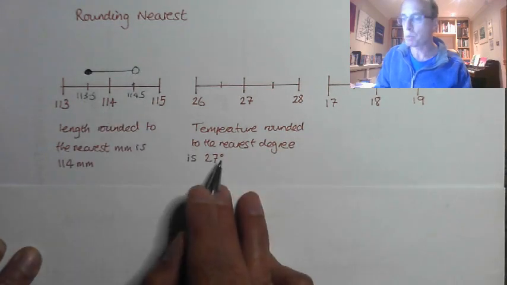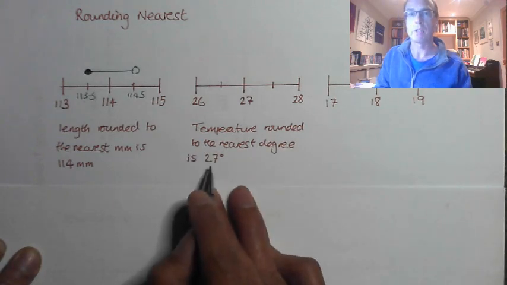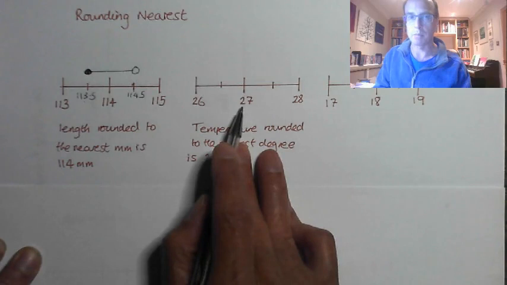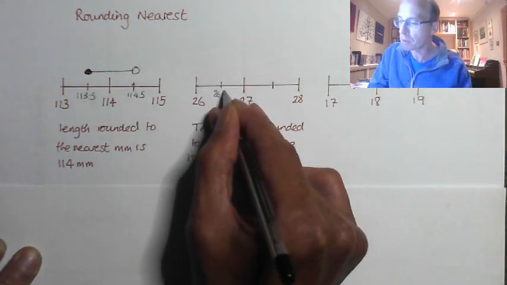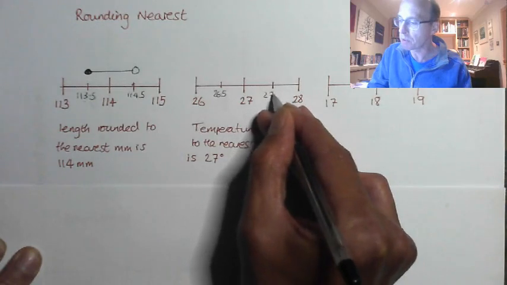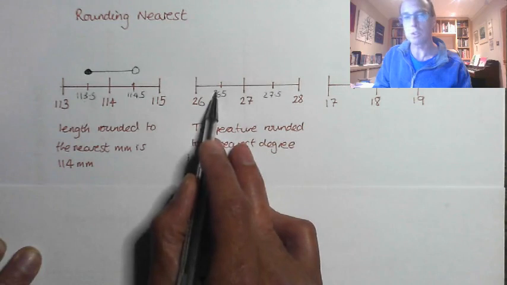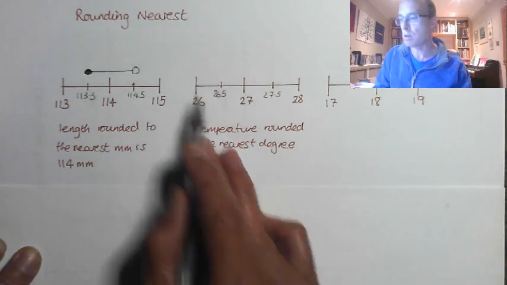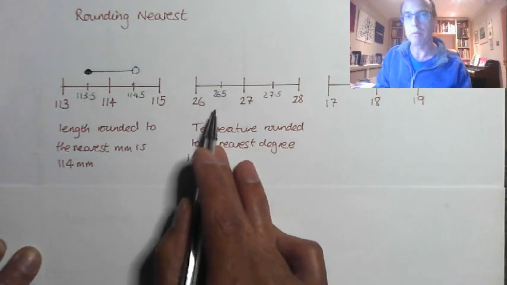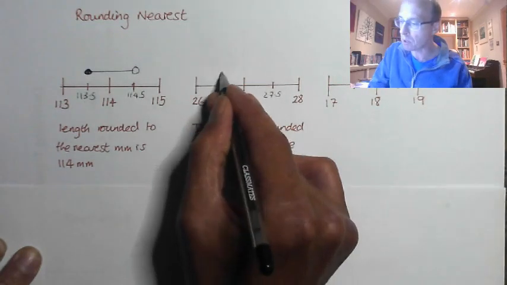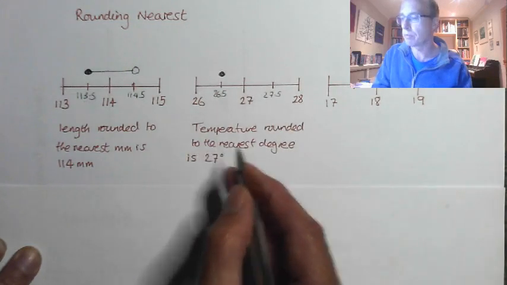Let's have a look at another example. In this case we've got temperature, we're rounding it to the nearest degree, and we've been told that it's 27 degrees, so 27 on my number line. So I've got my 26, I've got my 26.5, I've got my 27.5, and 28. So if it's between 26 and 26.5, it will get rounded down, not to my 27, so I'm not interested. 26.5 would get rounded up, so I want that solid circle above my 26.5.